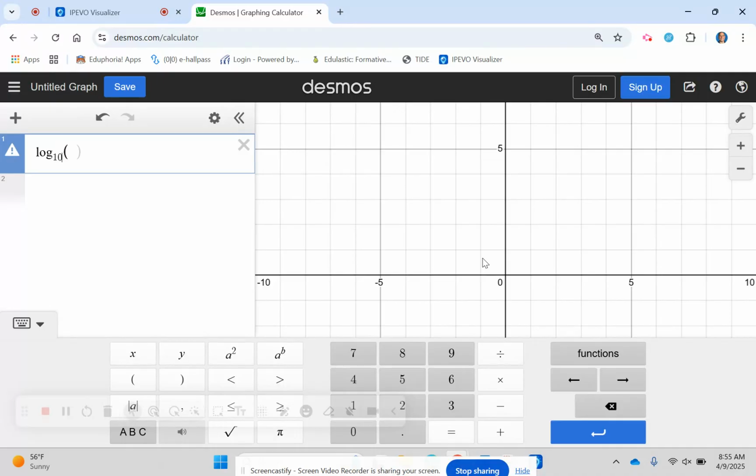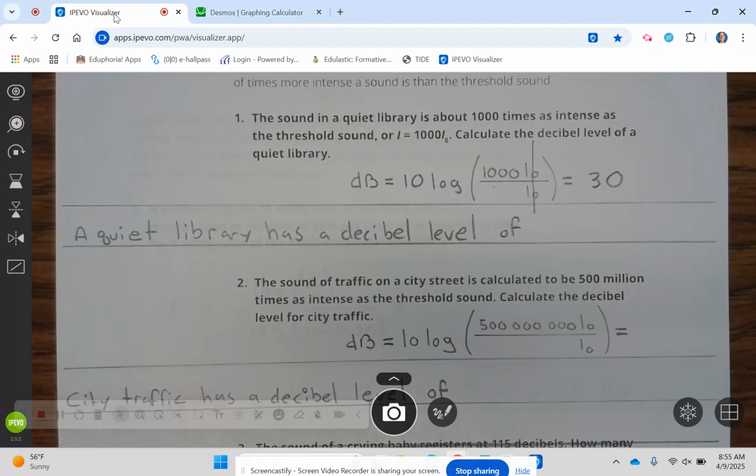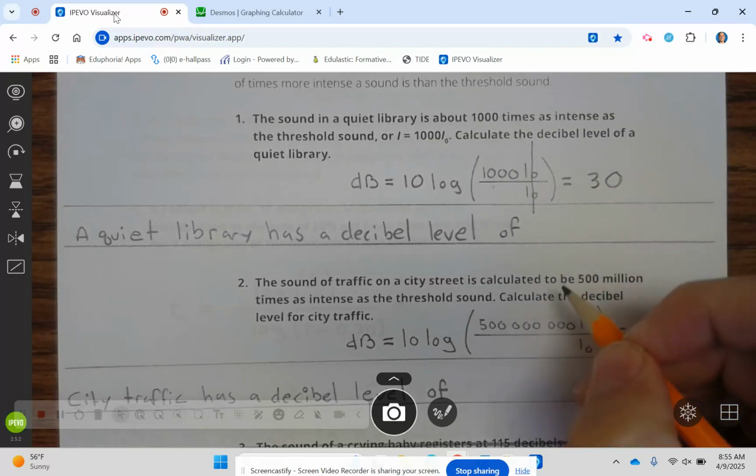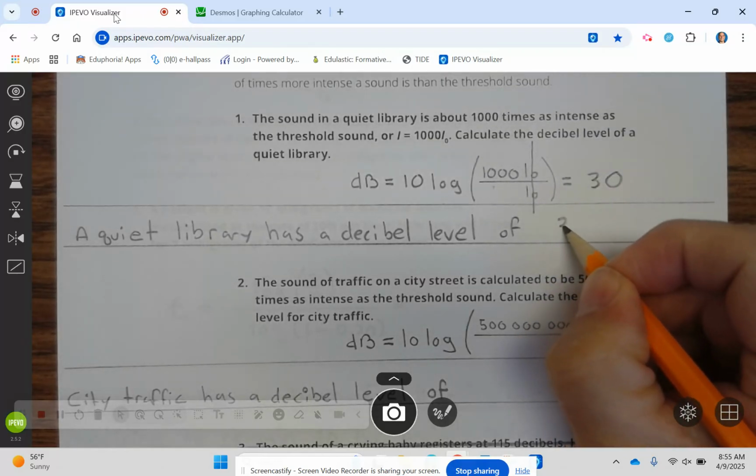So 10 times log base 10 of 1,000 equals 30. Okay, so a quiet library has a decibel level of 30.